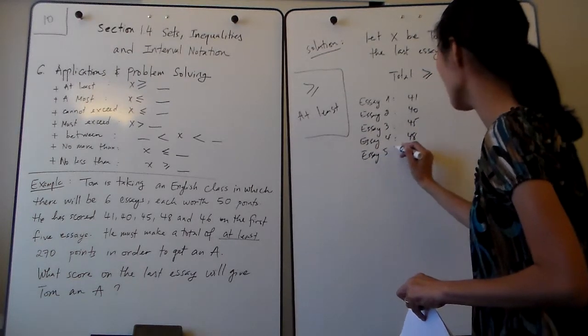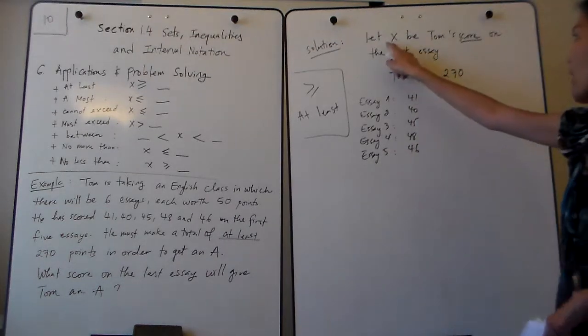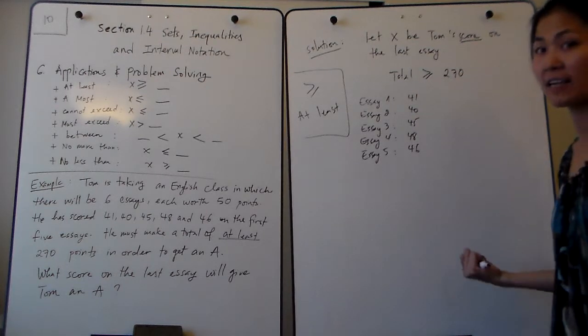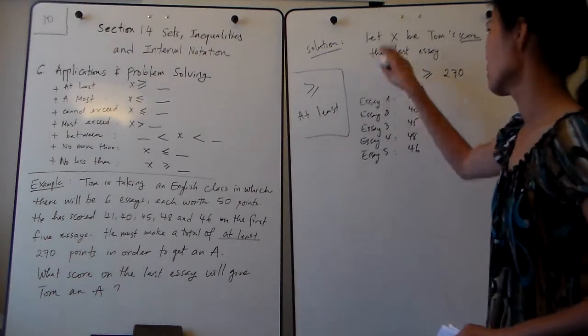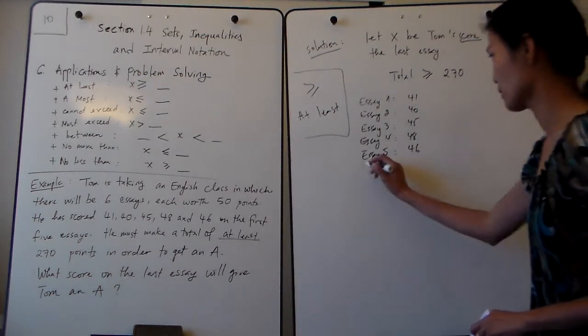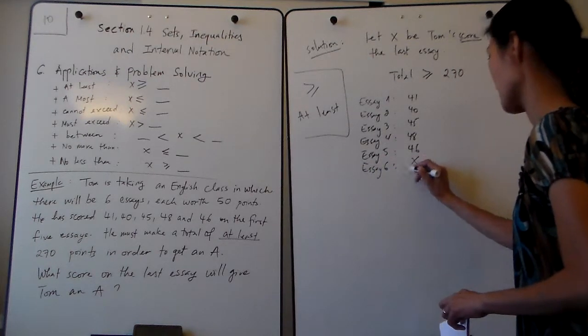Essay 5, he got 46. And we let X be Tom's score for the last essay, right? Because he hasn't taken it yet, so we don't know what it is. So we use a variable X as a dummy variable. So essay 6, let's say his score is X.